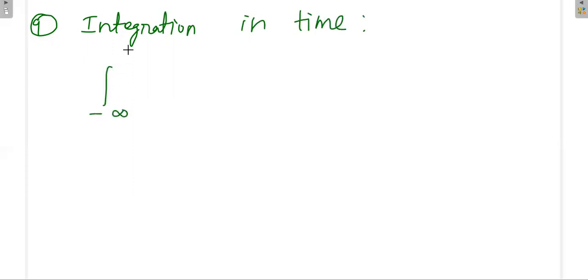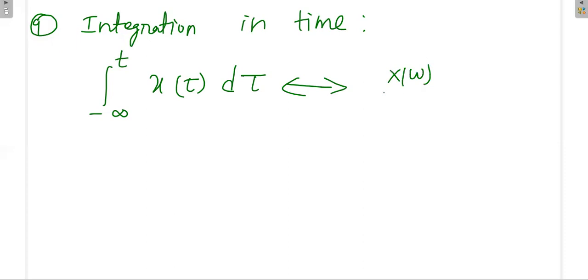Integration in time: integration from minus infinity to t of x of tau d tau Fourier transform pair X of omega by j omega plus pi X of 0 delta of omega.